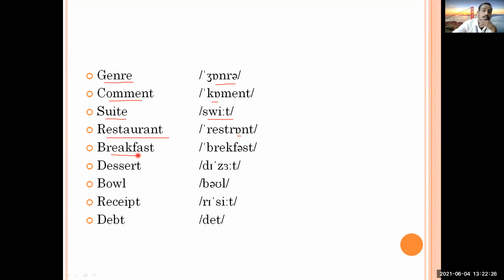Breakfast. Okay, so is it fast? It is not fast at all. You people have to pronounce it breakfast, not breakfast. And if you check online, you will get something like this: breakfast, not breakfast. So a slight variation, changes are there, and they might be minor, but if you learn them, you can create magic.